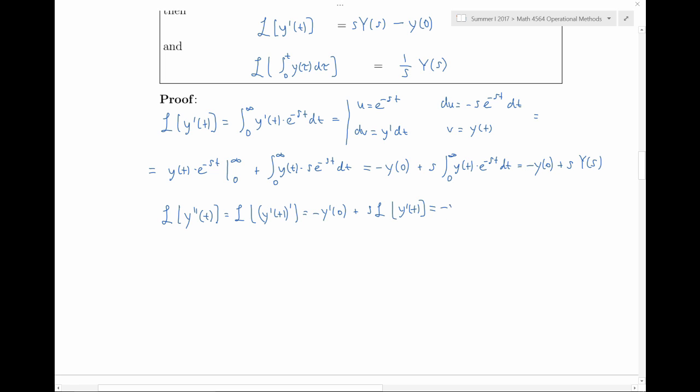And that is y of 0 with a minus sign plus s times Y of s. So that simply becomes minus y prime of 0 minus s times y of 0 plus s squared times capital Y of s. And again, remember that y of 0 and y prime of 0 come from the original function y defined in the t domain, while Y of s is the Laplace transform defined in terms of s.